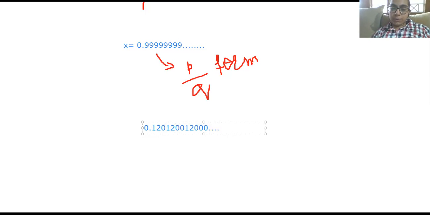See, I told you a number can be rational only if either it is terminating or the decimal expansion must be non-terminating but reoccurring or repeating, right? But as you can see, 1201, 120, 1200, 12000, this is not repeating, right? So this is an irrational number.